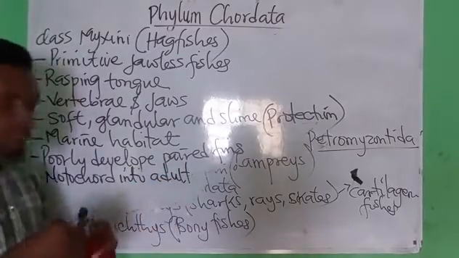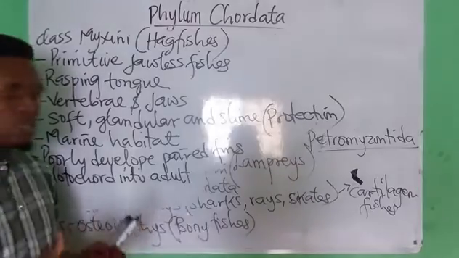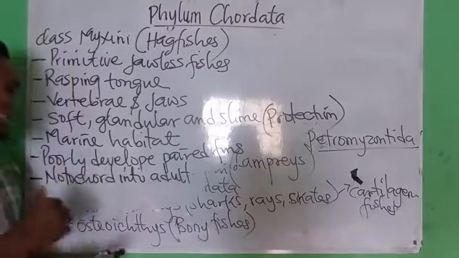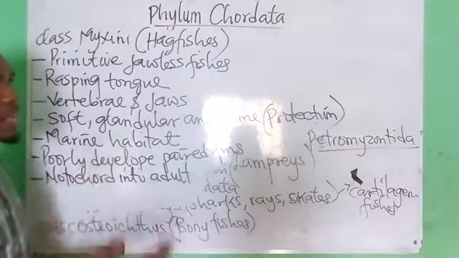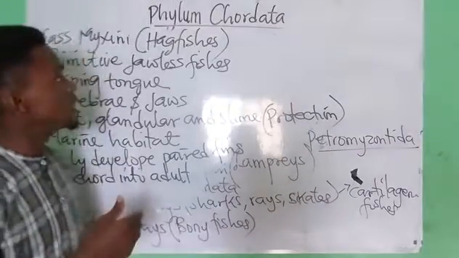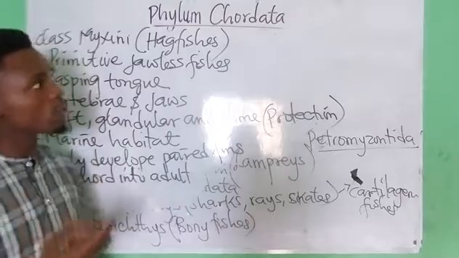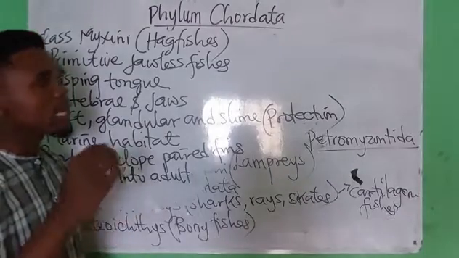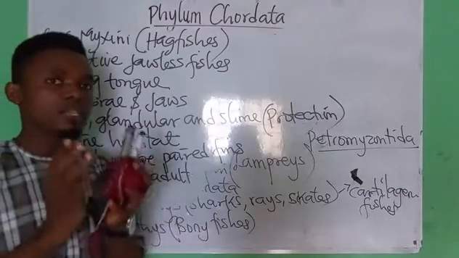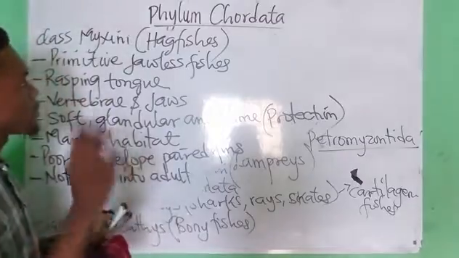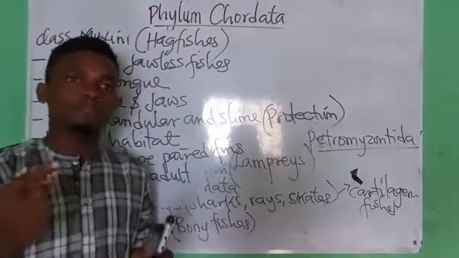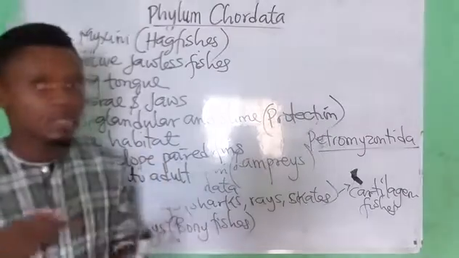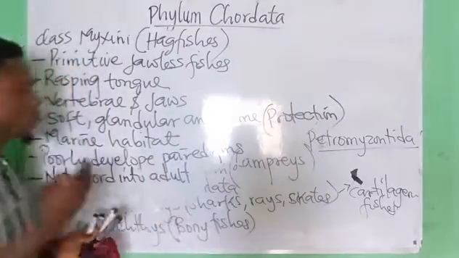So, which means that even during their early stage, notochord is present, and in their adult stage, notochord is also present. Like the urochordata, I told you that in their early stage of life, the four features are present, which are the dorsal, hollow, or tubular nerve cord, notochord, pharyngeal gill slits, and post-anal tail.